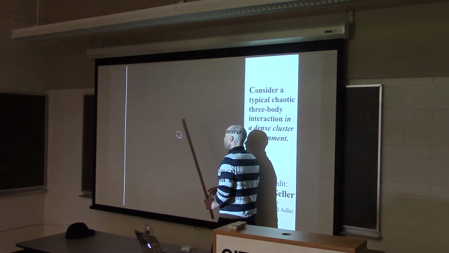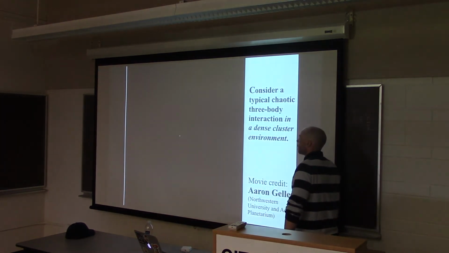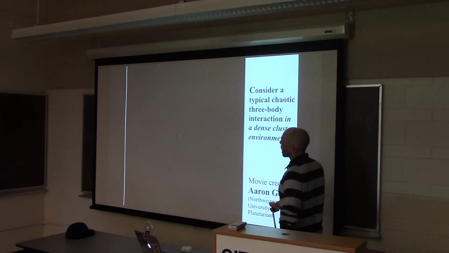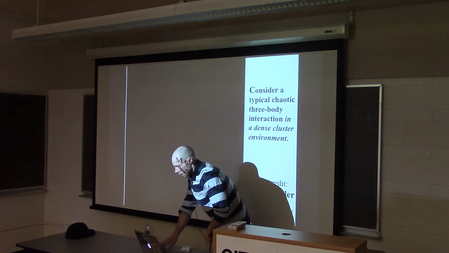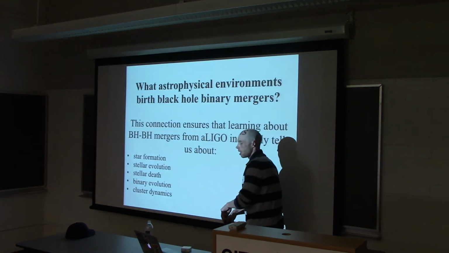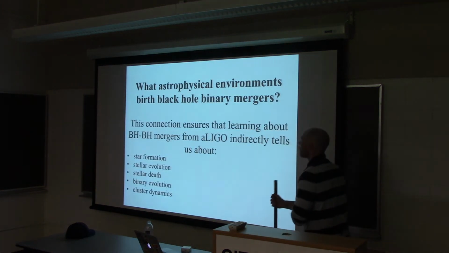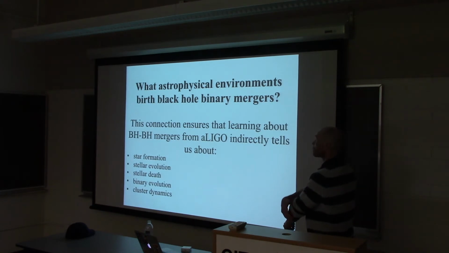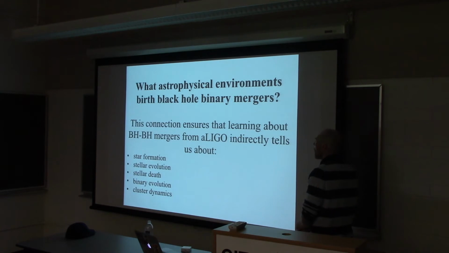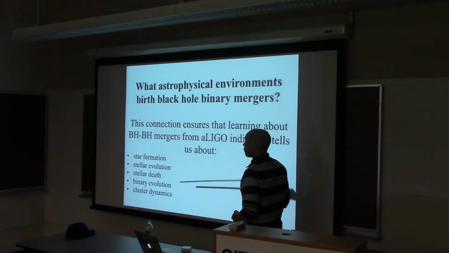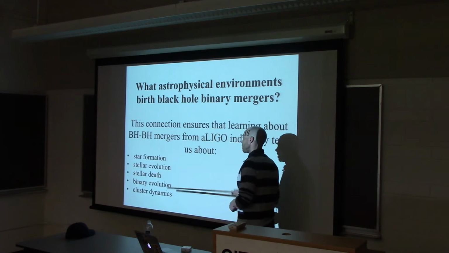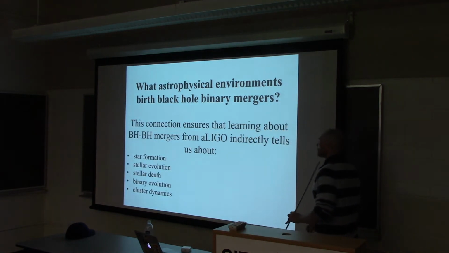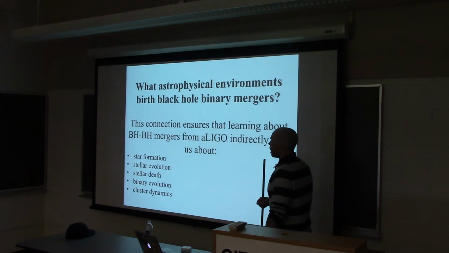So many people have argued that globular clusters are potentially efficient factories for the formation of black hole binaries. And if this is correct, there is potentially a lot of astrophysics information we can extract from the observations that LIGO is taking. So we stand to learn about the formation of globular clusters, how their stars formed, evolved, and died to make black holes, as well as a number of other issues.